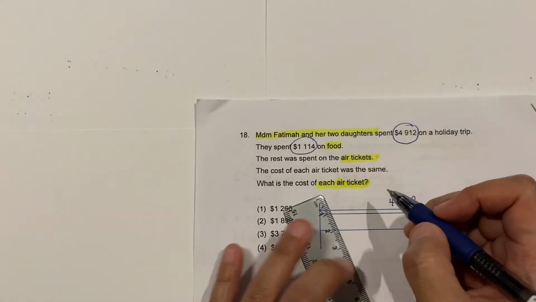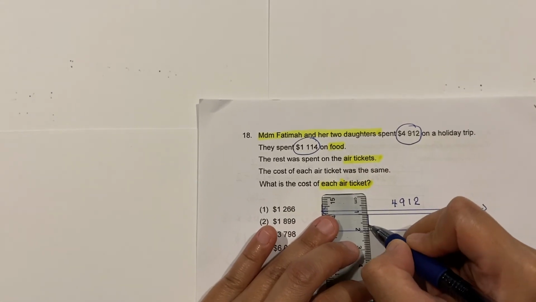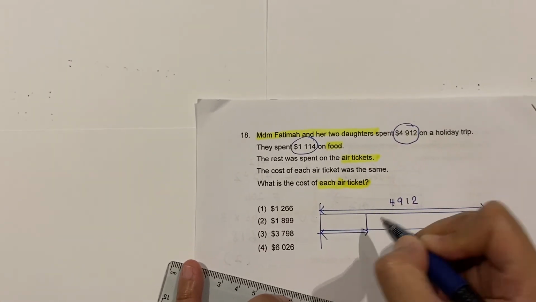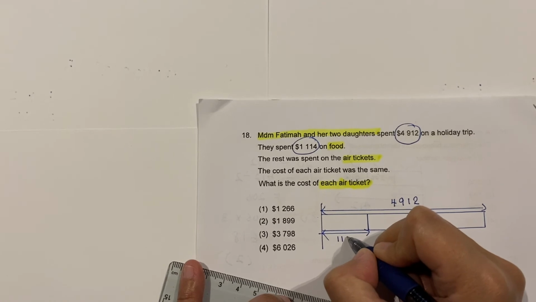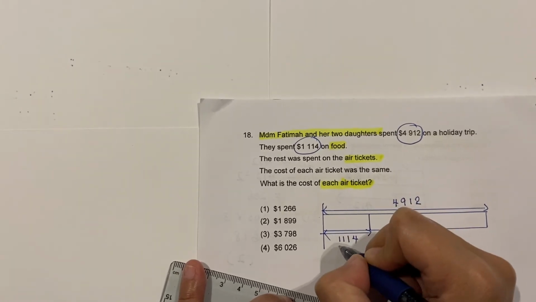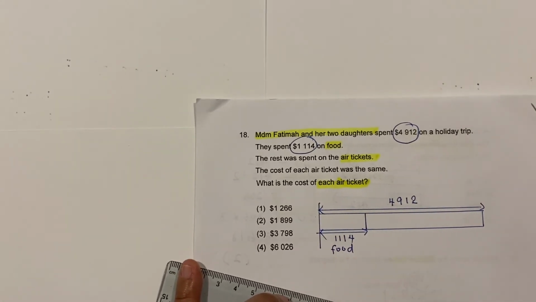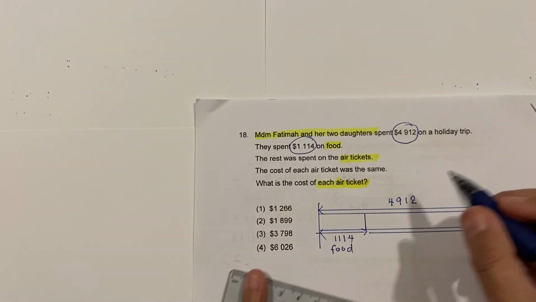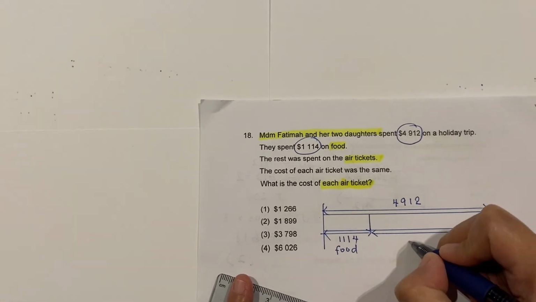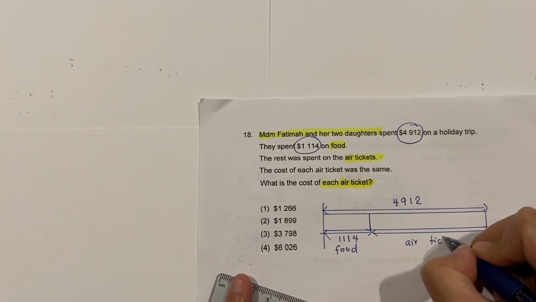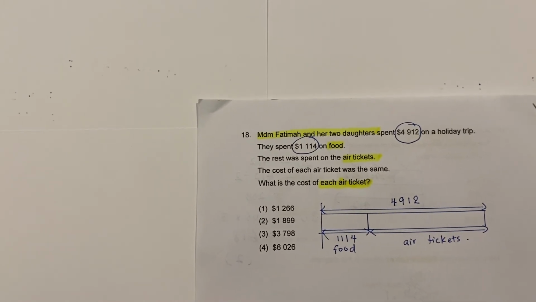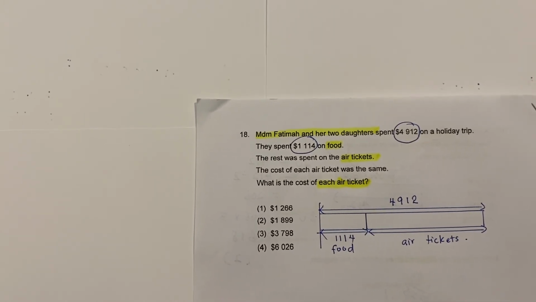Out of this, we know that this part here is spent on food, and the rest on air tickets. The rest means this part here. When you draw, it gives you a better picture.